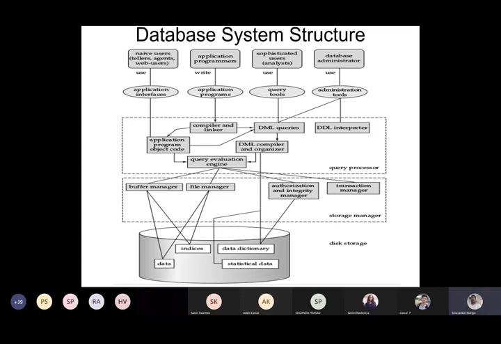Its functionality is that it checks the authority of the user to access the data, that is, the access rights of the user, and it also checks and enforces the integrity constraints in a particular database.